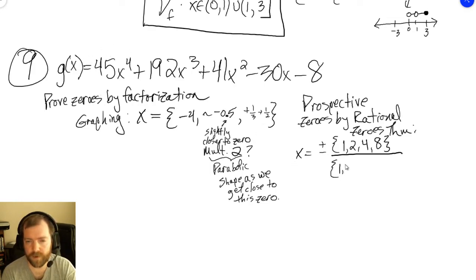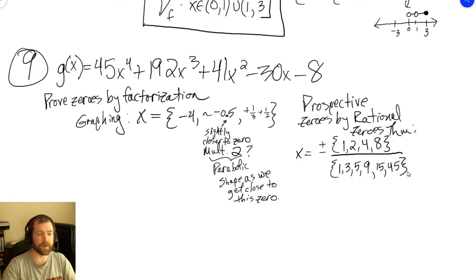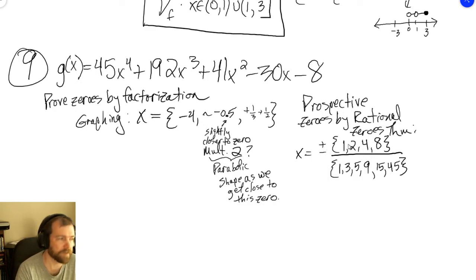So 1, 3, 5, 9, 15, and 45. Those are all the possible combinations you can get. Now, -4 seemed pretty obvious, and we do have a 4 here divided by 1 will get us a potentially -4.